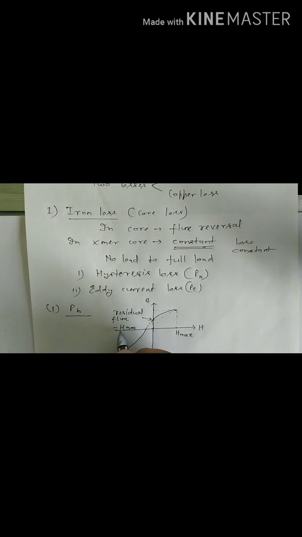And again if I reduce magnetic field strength from minus H max towards 0, the flux density will decrease, but it will not go to 0 when field becomes 0. To bring this flux density to 0, extra field in positive direction is applied.